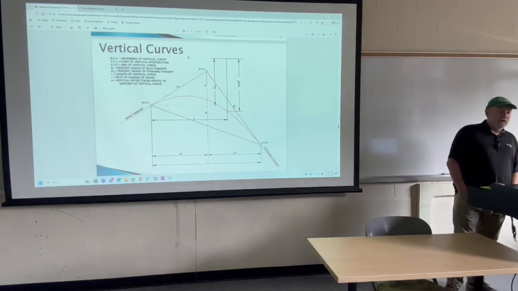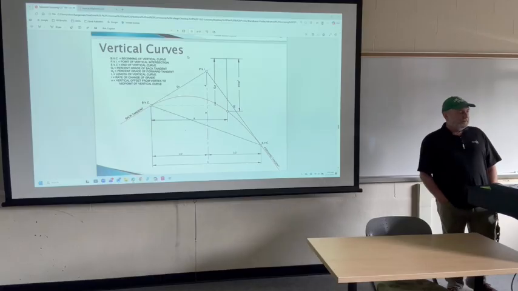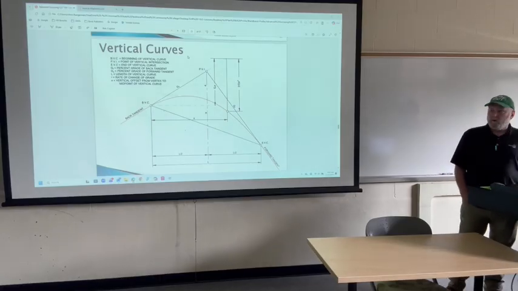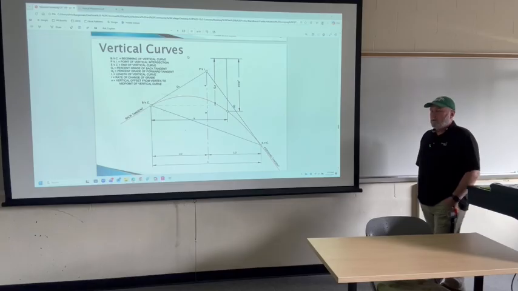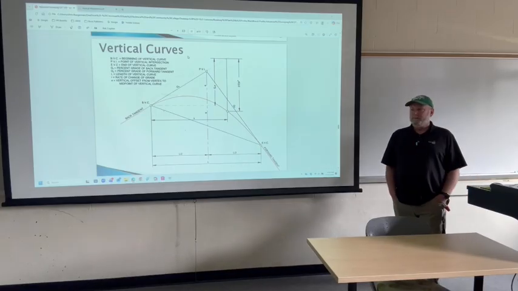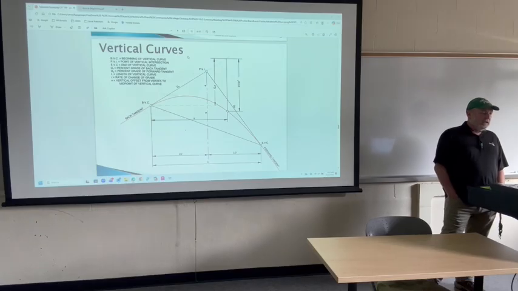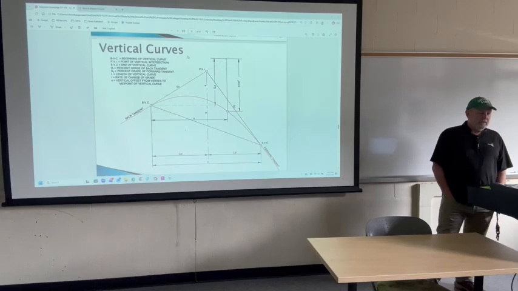G2, percent grade of forward tangent. L is the length of the vertical curve. Again, that's a horizontal distance. R is the rate of change of grade, and E is the vertical offset from the vertex to the midpoint of the vertical curve.